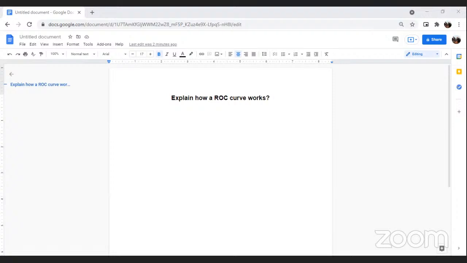Curve, right? So basically, ROC curve is a graphical representation of the contrast between true positive rates and false positive rates at various thresholds. It is usually used as a proxy for the trade-off between the true positive rate and false positive rate.